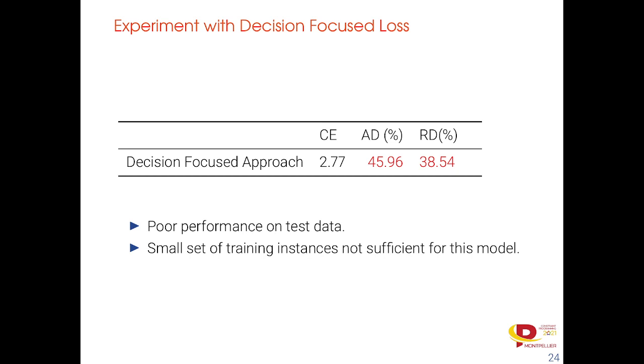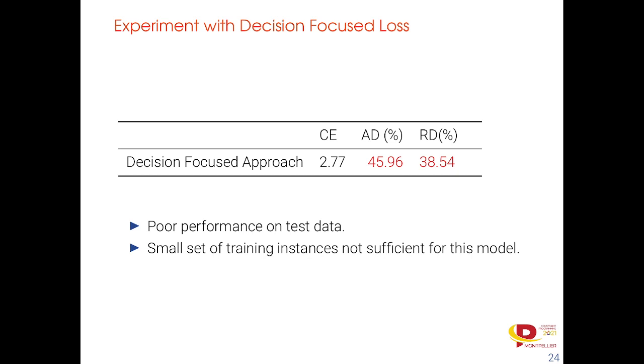When we experiment with the decision focused learning loss, we find that the performance is not good on the test data. So we check the training dataset and find that the AD is actually going down, but that doesn't reflect on the test dataset.